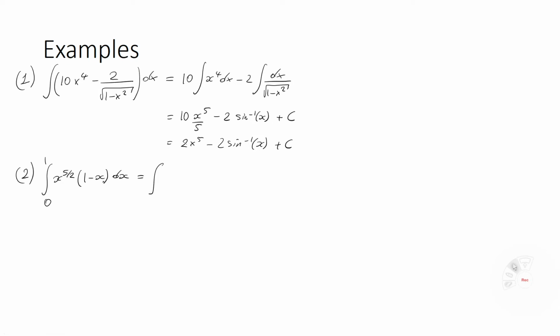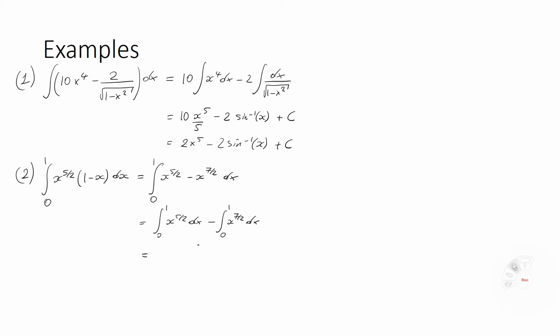So with integrals, if you have this nice factorization, it makes sense to undo the factorization and write this as x to the 5 halves minus x to the 7 halves dx, because now you can write this nicely as integral x to the 5 halves minus integral x to the 7 over 2.